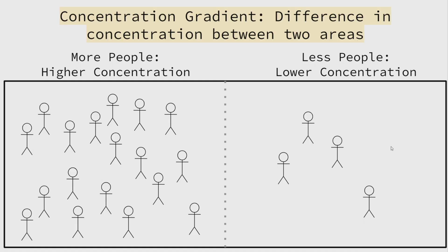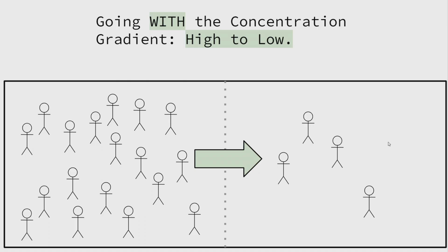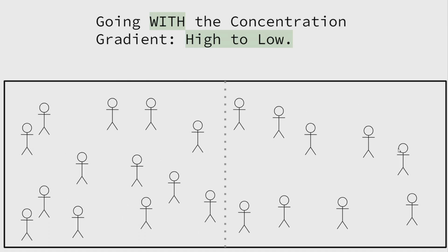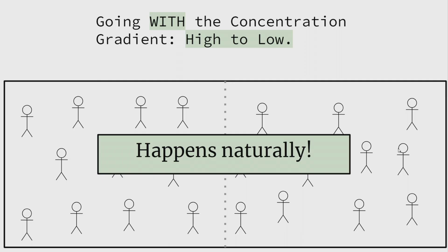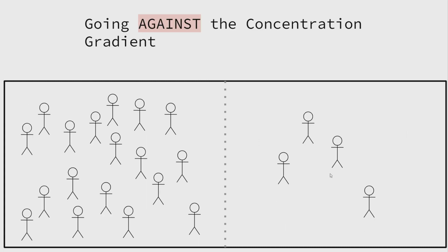There is a gradient because there is a difference between these two concentrations. People will naturally move with the gradient, meaning that they will move from high to low until the overall concentration of people is the same on either side of our membrane. This is equilibrium. People are balanced.